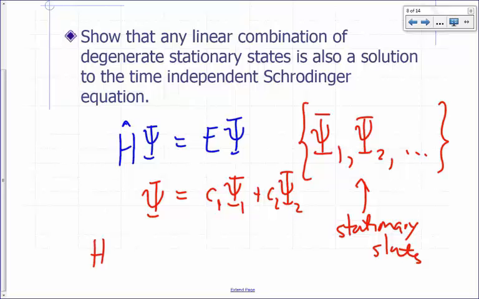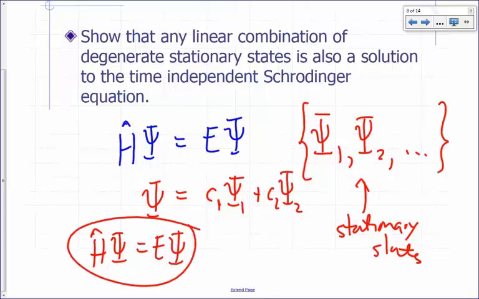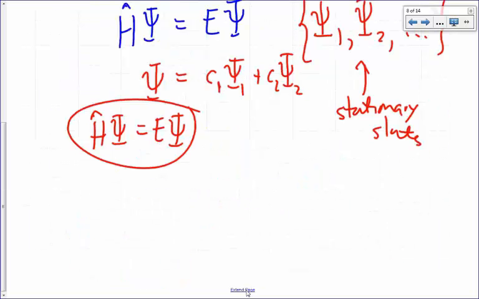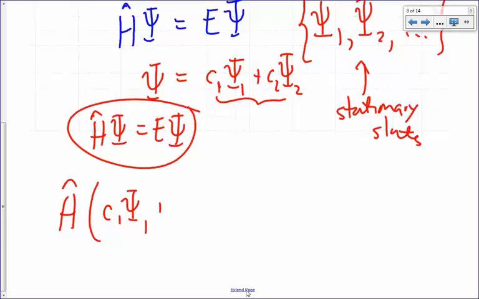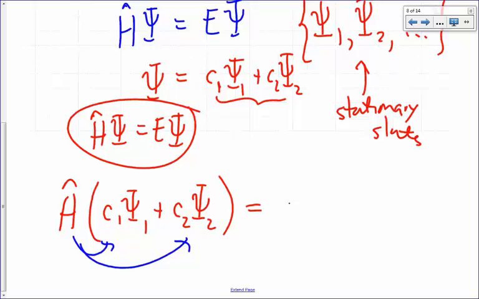Is H hat psi equal to E psi if psi is a linear combination of stationary states? Let's see. H hat, let's just do a linear combination of these two, right? So H hat of C1 psi 1 plus C2 psi 2 equals, well, Hamiltonian operator is a linear operator. I can distribute, and I can pull out constants, right?